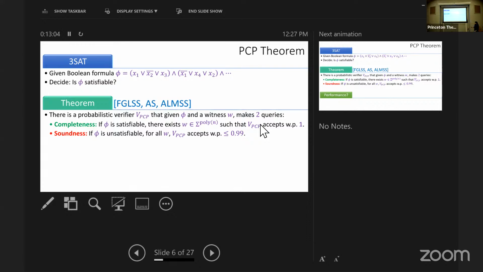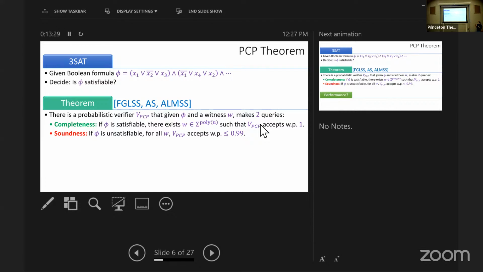And if phi is unsatisfiable, maybe it's barely unsatisfiable, still, even in that case, whatever witness you give me, the verifier still accepts with probability at most 0.99. So the point here is that 0.99 is a number strictly smaller than 1, bounded away from 1. So it's much, much better compared to the previous verifier.